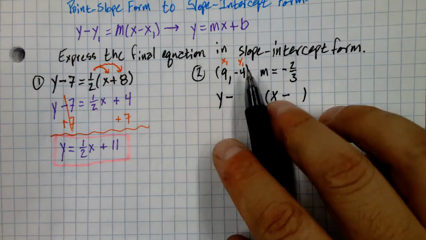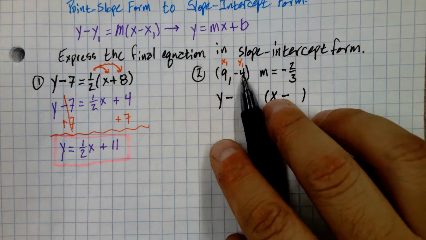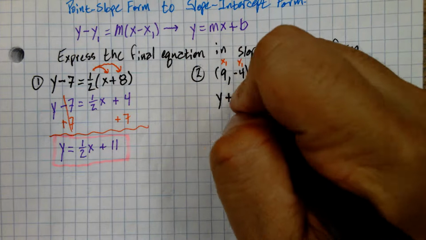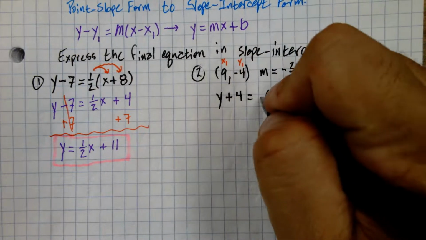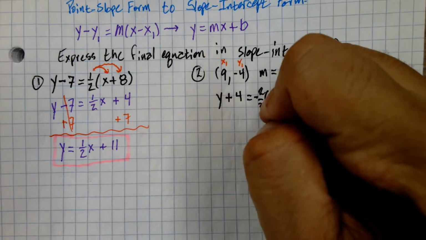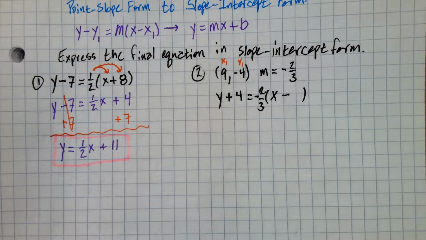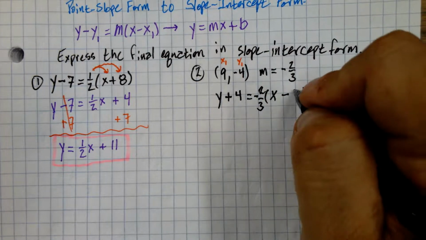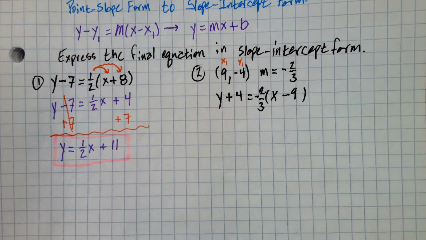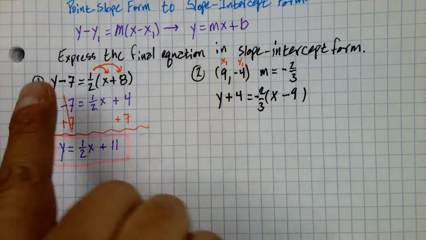Okay, so that's going to give me y minus -4. So what does it become over here? Plus 4. We know the slope is -2/3. And then x minus 9. Okay. So far, so good.